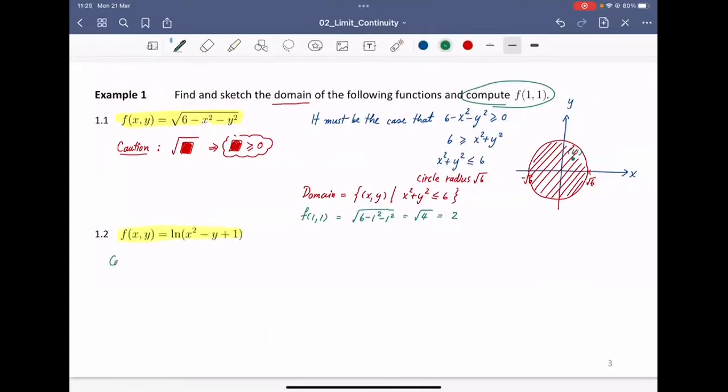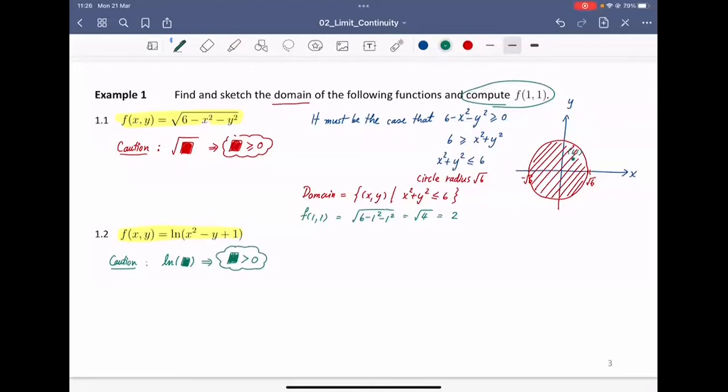Another caution here: if you see a logarithm, this also has a restriction. What you can put after the log has to be positive.